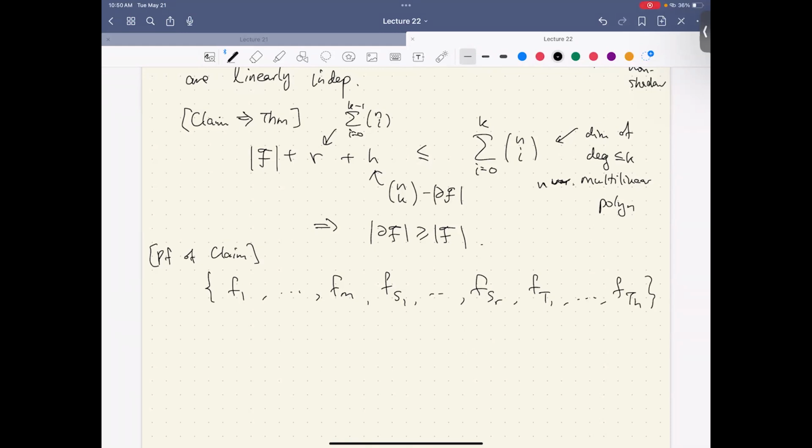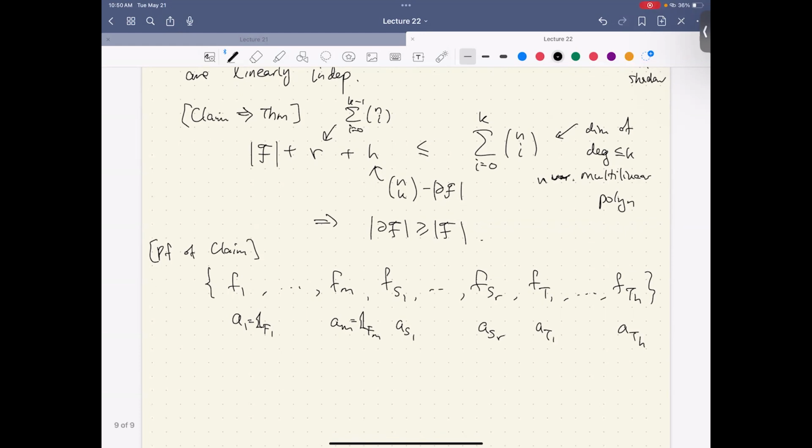The points we're going to verify would be A1 to Am, which are characteristic vectors of the sets in our family, and A_S1 to A_SR, characteristic vectors of Si, A_T1 to A_TH, characteristic vectors of these non-shadows. By triangular criterion, we need to verify diagonal terms are non-zero.